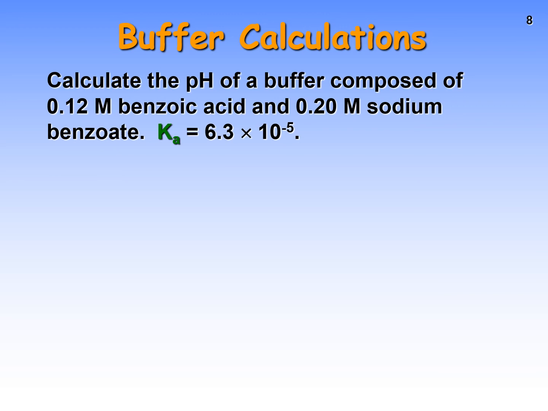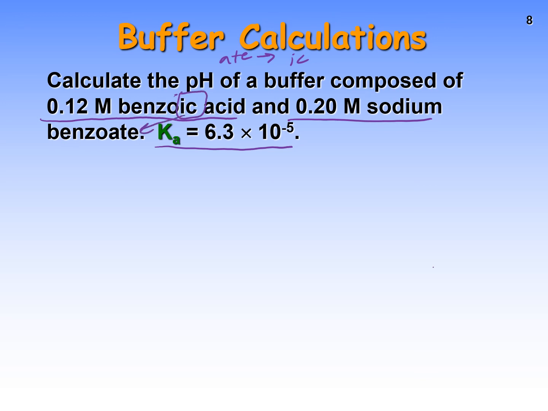So let's say we have a 0.12 molar benzoic acid solution, and at the same time we have 0.2 molar sodium benzoate. Our Ka of benzoic acid is 6.3 times 10 to the negative 5. Now, this is a buffer solution, and I know that based on the acid naming system. If you remember that ATE turns into IC when we name acids, this is benzoate.